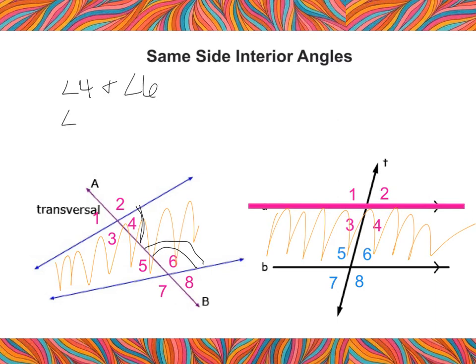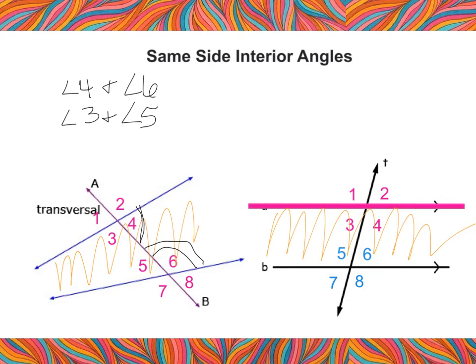Additionally, angles 3 and 5 are same-side interior. That's true for both diagrams. Now, same-side interior angles are never congruent, so we don't want to mix those up with alternate interior. But what we do want to know is that there's still a special relationship.